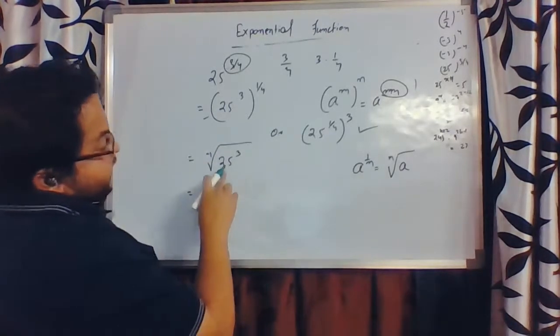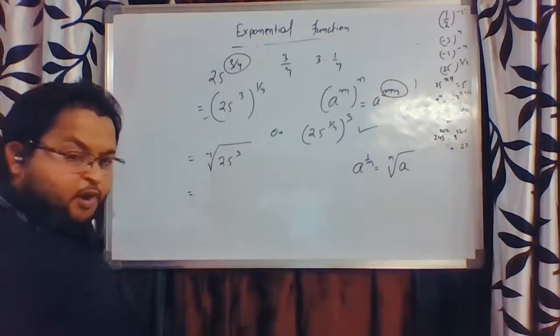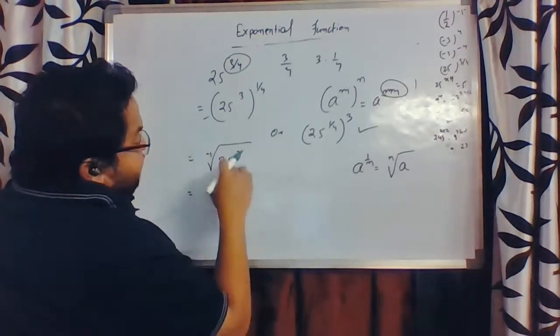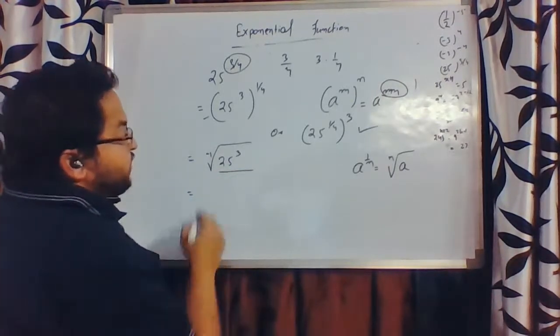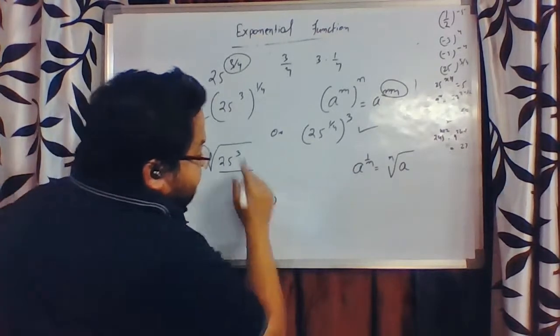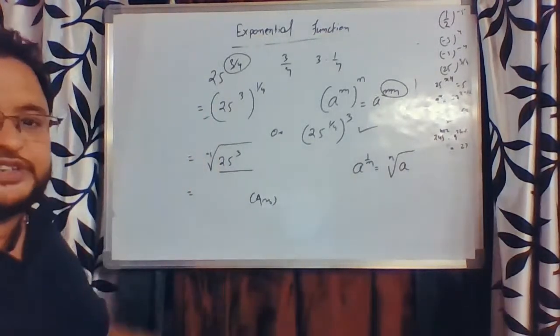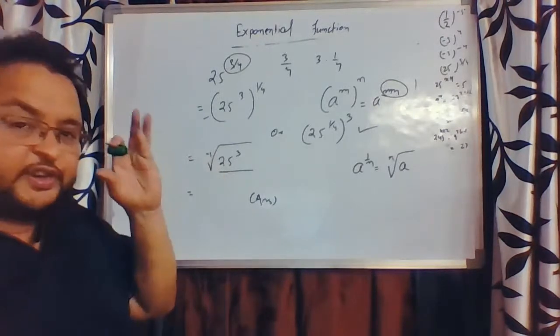So now I can find it out using a calculator. I am not having a calculator now, so you can just find out the value of 25 to the power 3 and take the fourth root of that, and whatever you get, that is the answer. But process wise, these are the steps that we are supposed to follow for this problem.